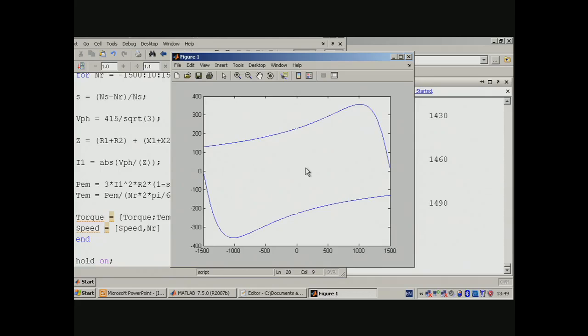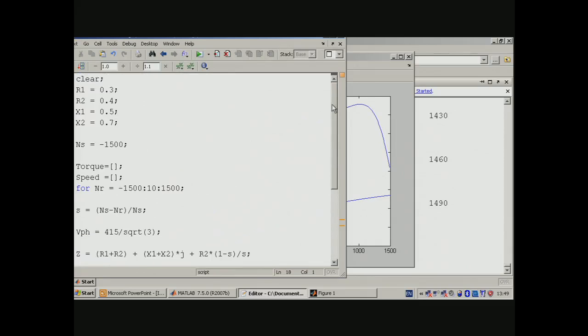That variable speed operation will change the synchronous speed. So 1500 was for 50 hertz; we can write this as 50 times 60 divided by 2.